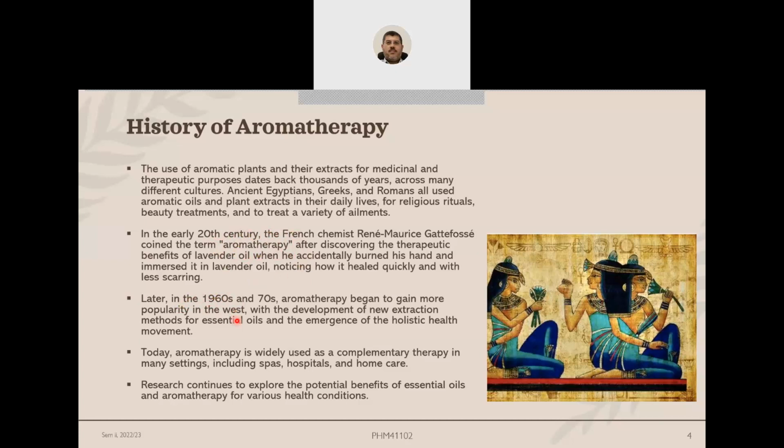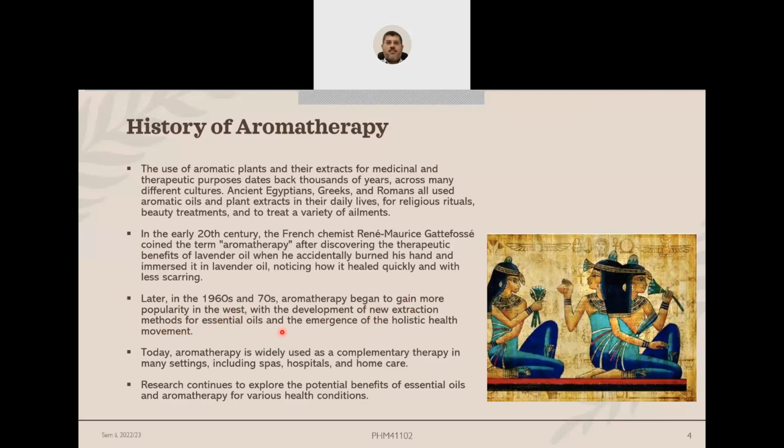Later in the 1960s and 70s, aromatherapy began to gain more popularity in the West. They started also to apply new extraction methods to extract the essential oils from different parts of plants.